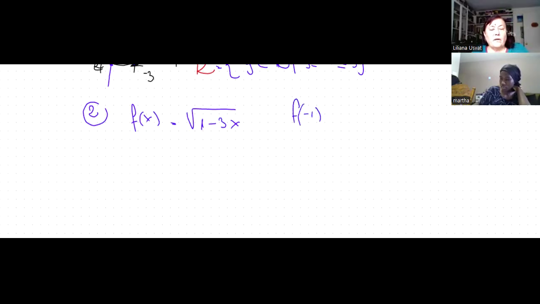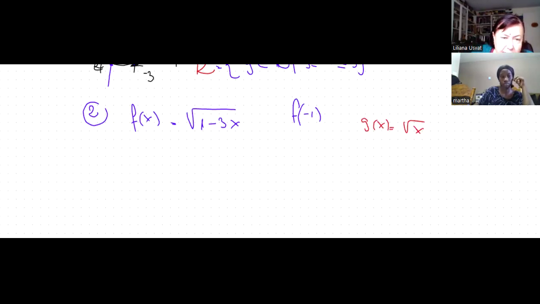To have mapping notation, we need to write the function. So we need to figure out the base function first. The base function, g of x, equals square root of x. Then we need to transform the function in such a way that we can map the basic function to this new function.